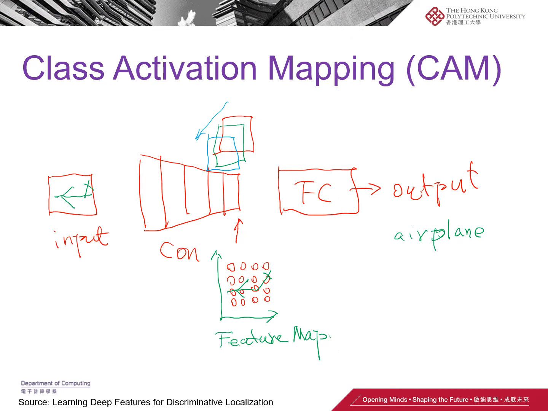To fuse those channels, there's another type of information we can use, which is because the convolutional layer is connected to that FC layer, and there are a lot of weights on the connection because each of those channels is composed of neurons as well, and those neurons are connected to neurons on the FC layer.